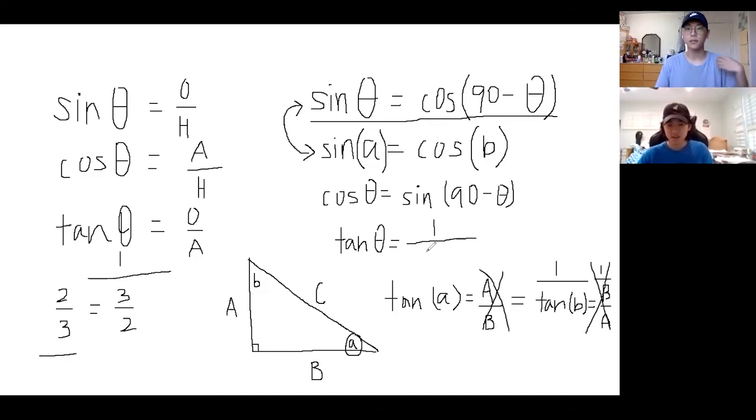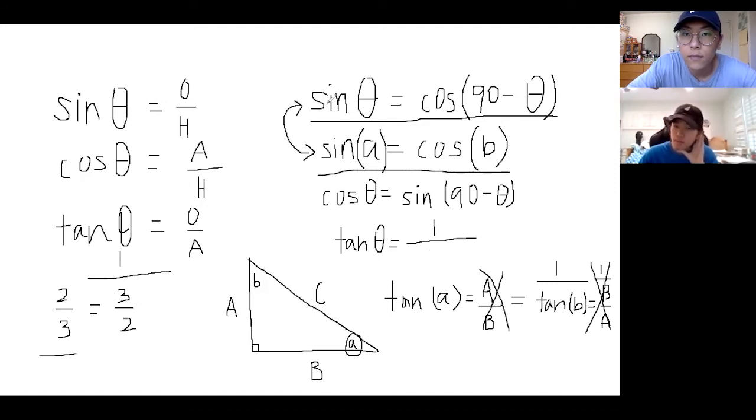What happened to the tangent? Okay, look at how it went from this to the top. Sine of A equals cosine of B. And that translated to sine of theta equals the cosine of 90 minus theta.